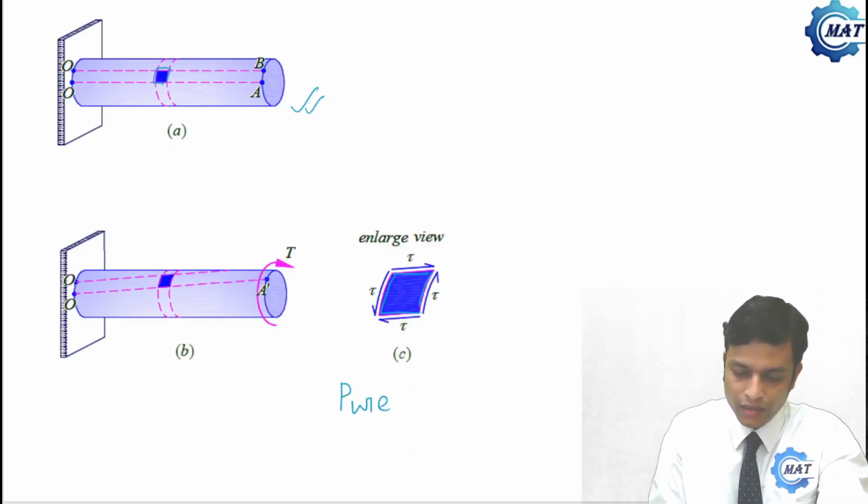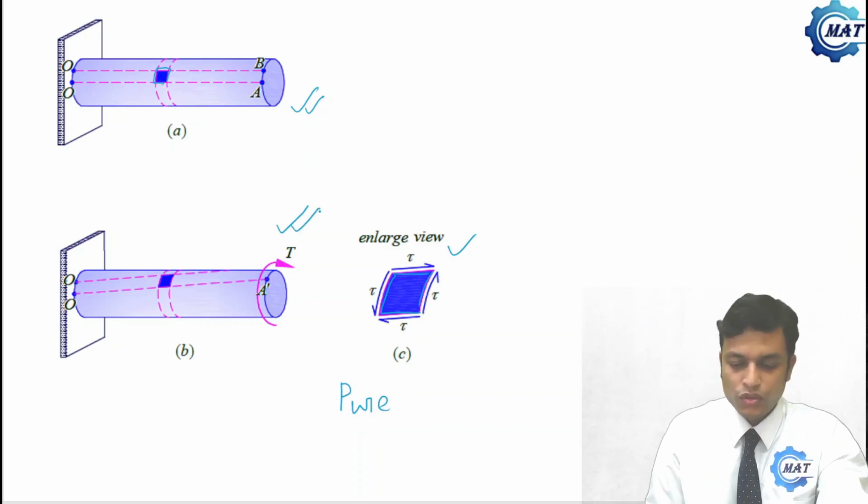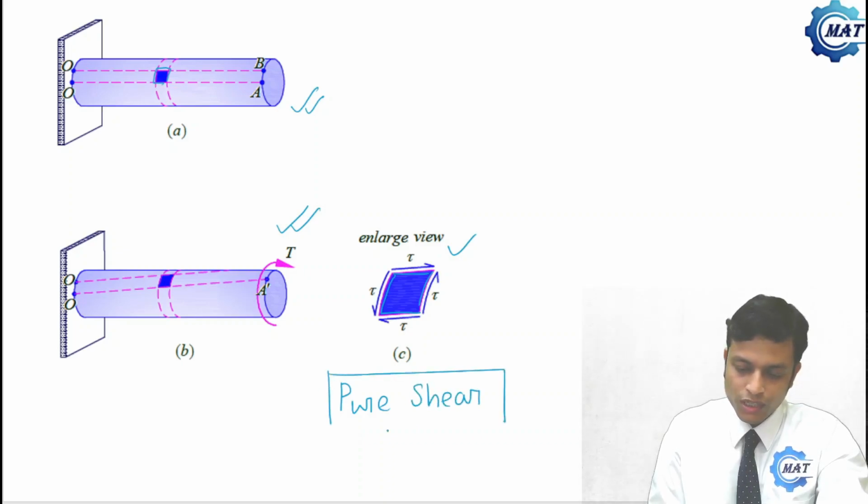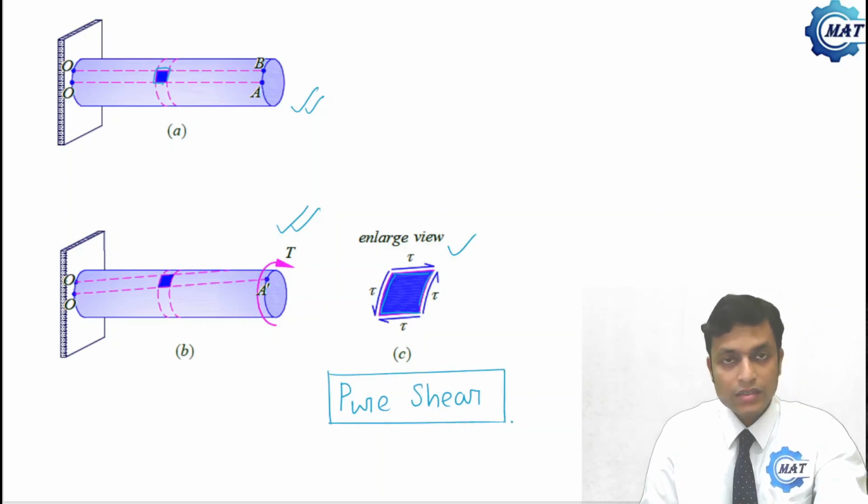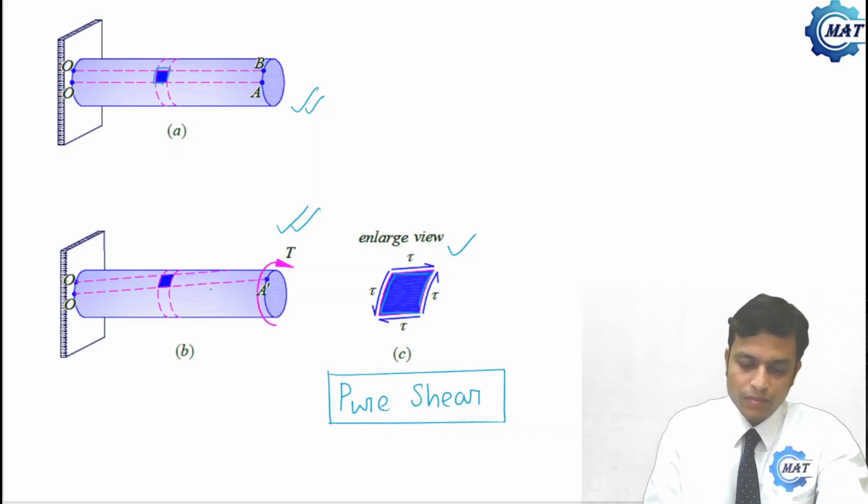This is the enlarged view of this rectangular element after deformation due to twisting moment T. So due to torsion, the element is subjected to pure shear, and this is the enlarged view of the surface element.